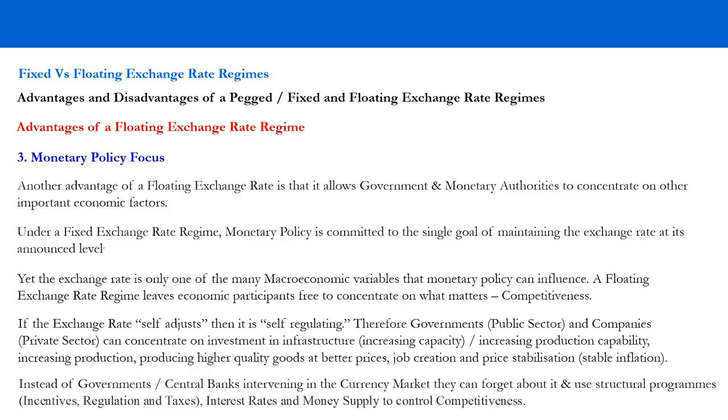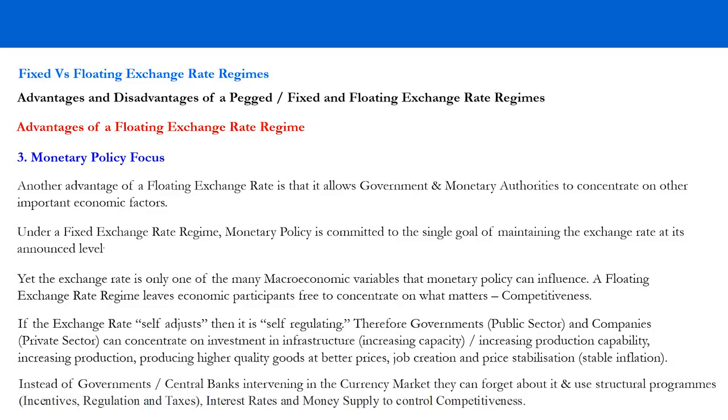So, for example, under a fixed exchange rate regime, monetary policy is committed to the single goal of maintaining the exchange rate at the announced level. But the exchange rate is only one of many macro variables that monetary policy can influence. A floating exchange rate regime leaves the economic participants free to concentrate on what matters, so competitiveness. If the exchange rate self-adjusts, then it's self-regulating.